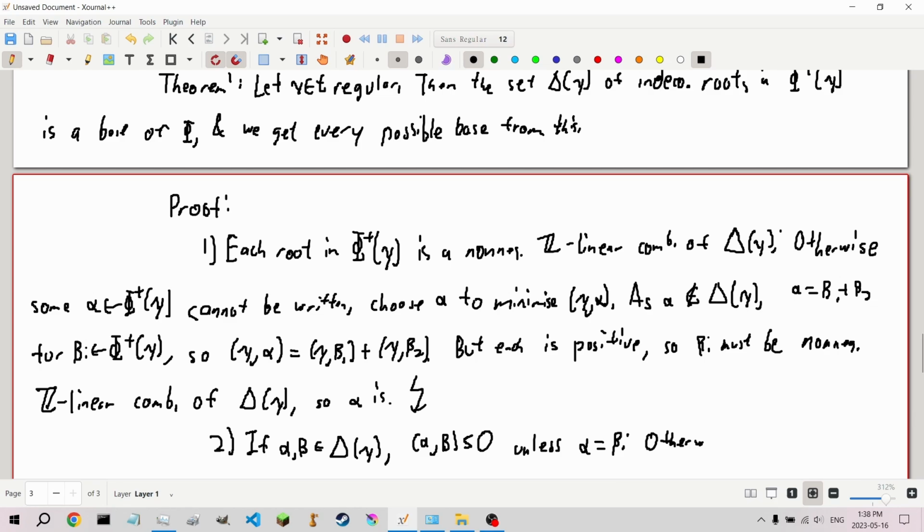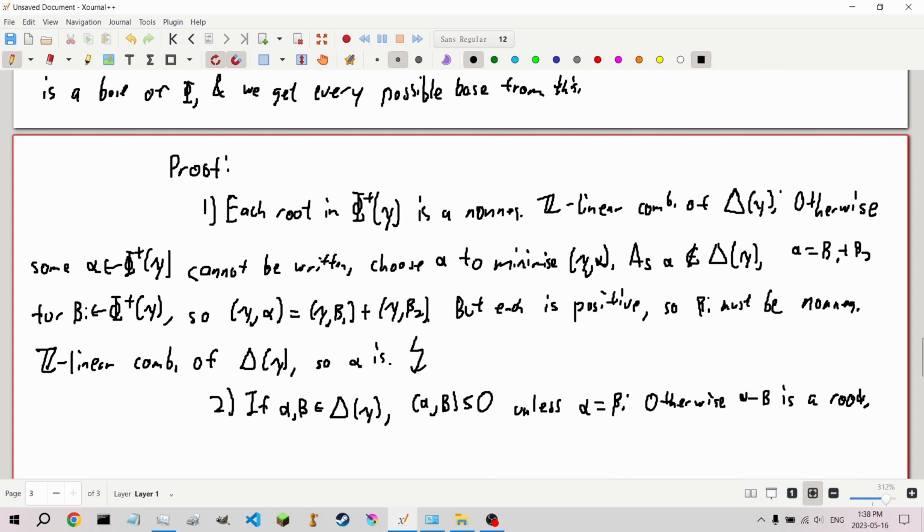Otherwise, alpha minus beta is a root, since beta is clearly not negative alpha.